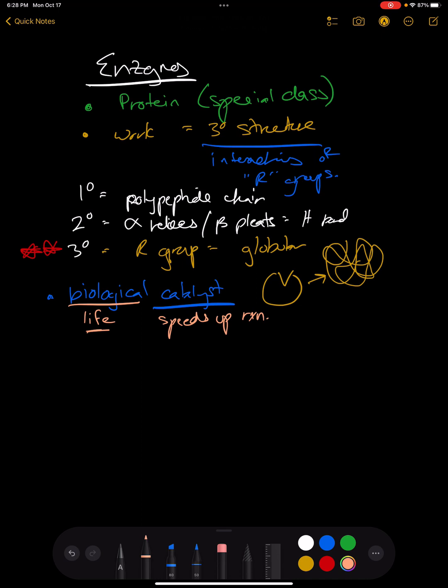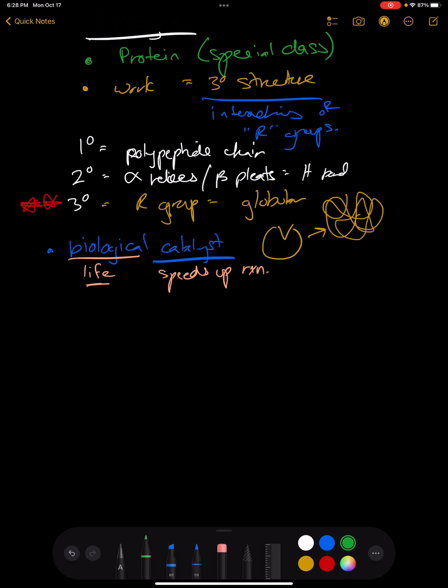And so how my enzyme speeds up reactions, well, we have a couple different ways. Really, the definition for an enzyme is that it speeds up a reaction by lowering the activation energy.